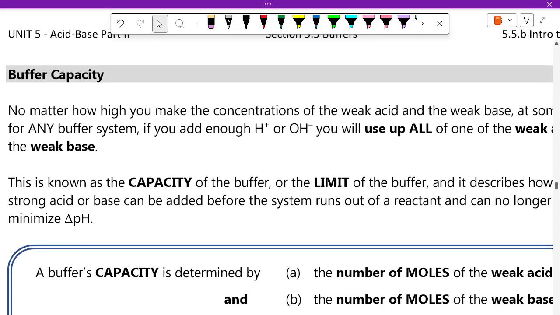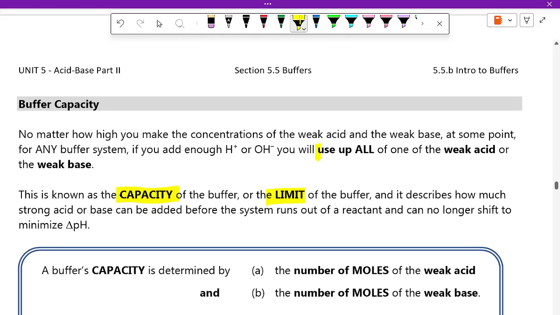The capacity is the limit of the buffer, and that limit is hit when you use up all of the weak acid or the weak base.